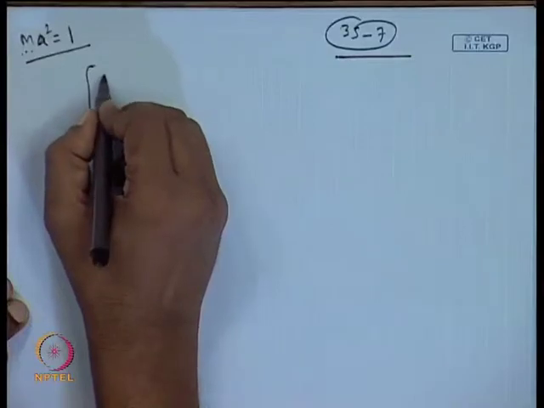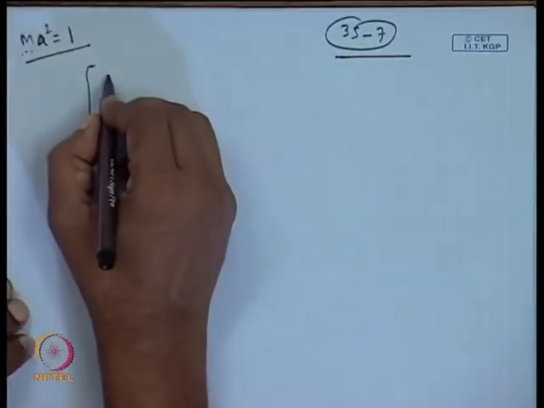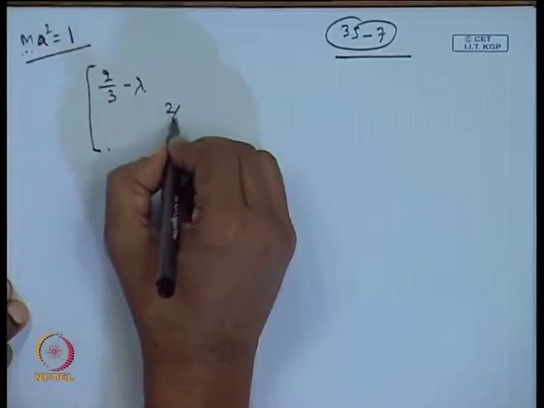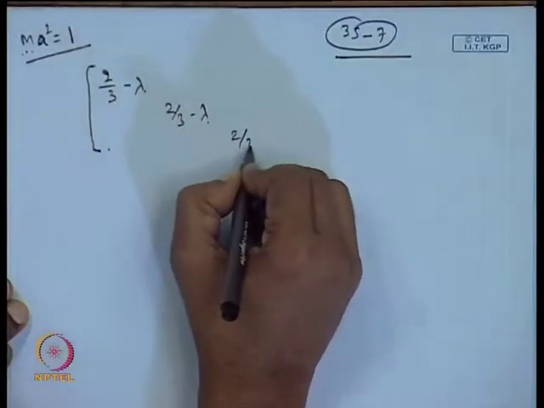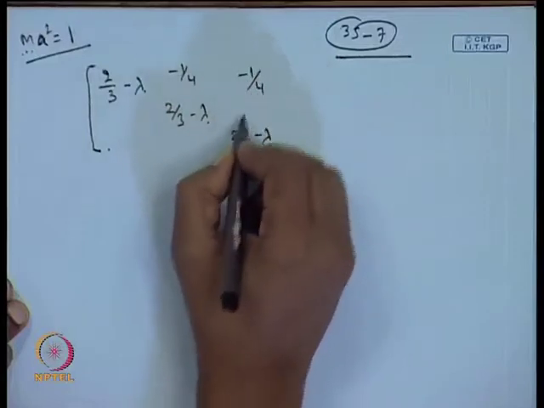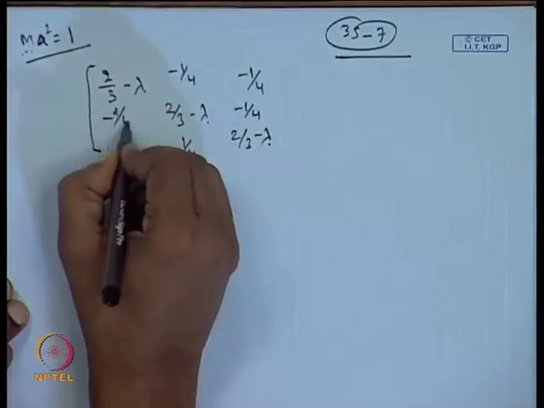Therefore, we can write the equation as 2/3 minus lambda, 2/3 minus lambda, 2/3 minus lambda, here minus 1/4, minus 1/4, minus 1/4.